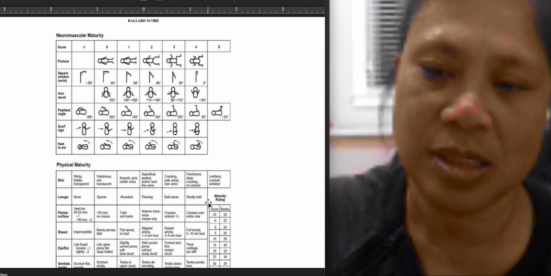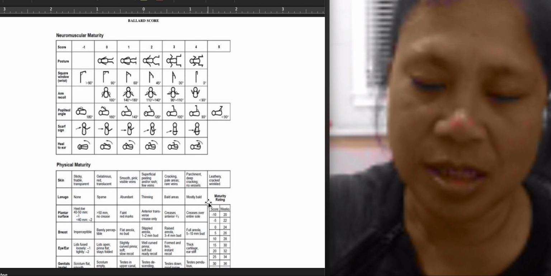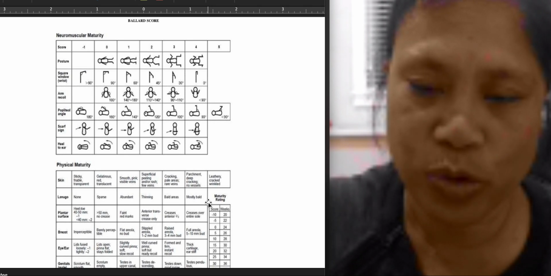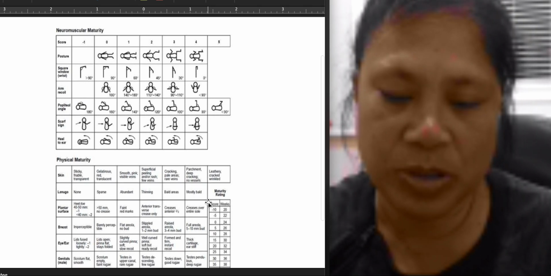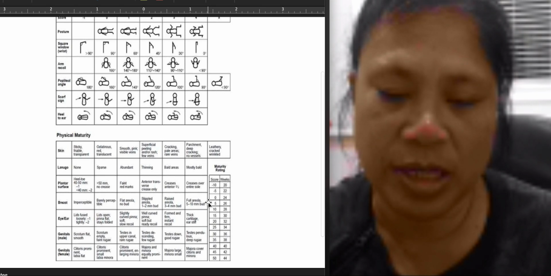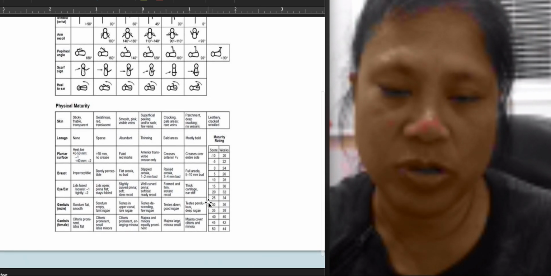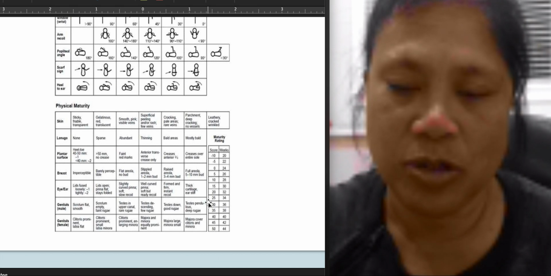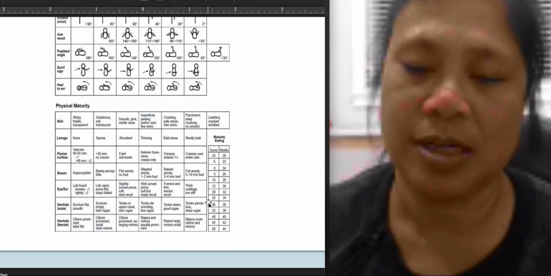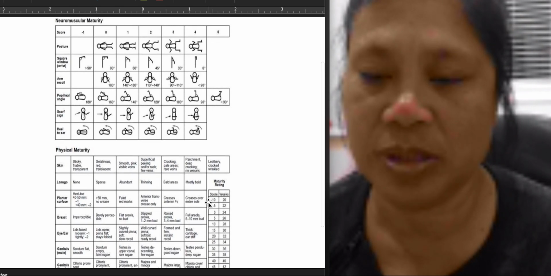They do these little tests to determine where they fall in these boxes. Then you add up the score and compare it with their gestational age that's established early in the pregnancy, either by ultrasound or by last menstrual period dates.